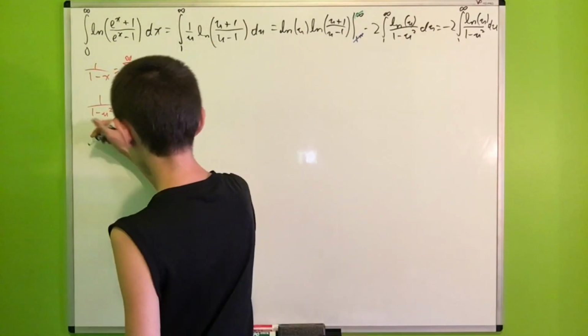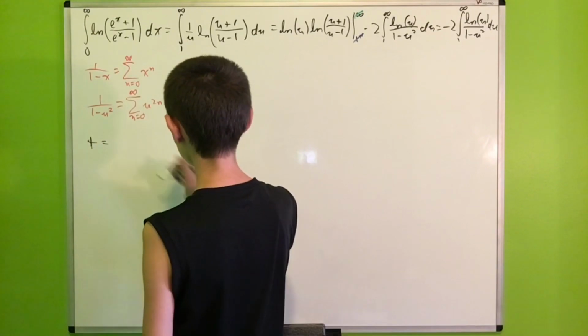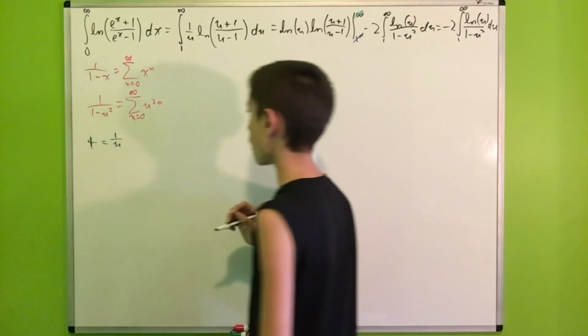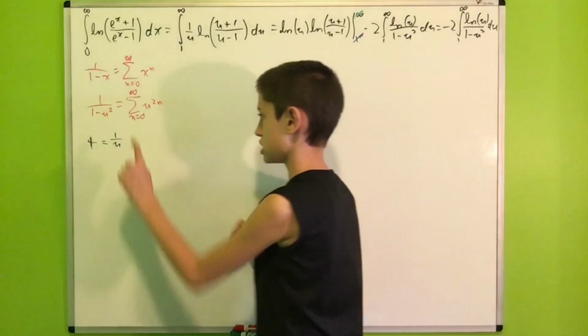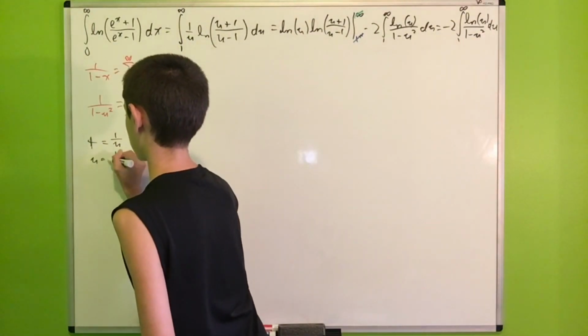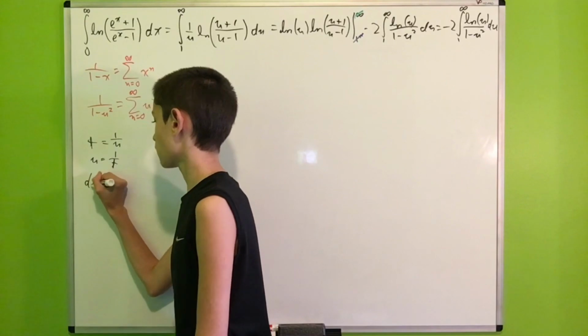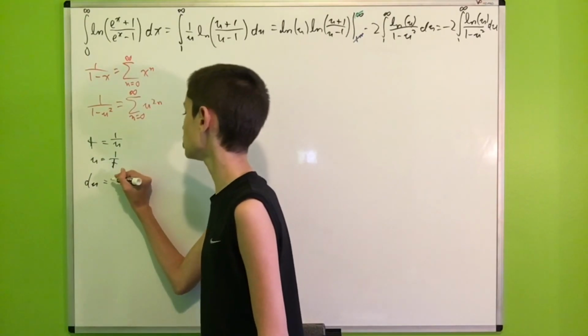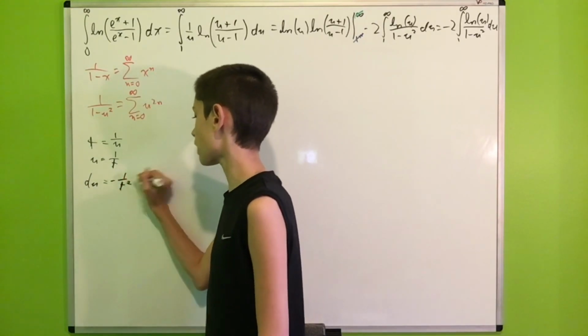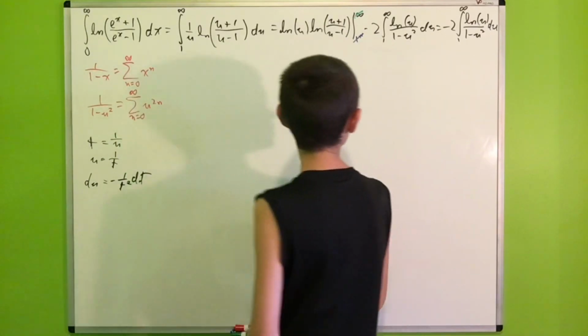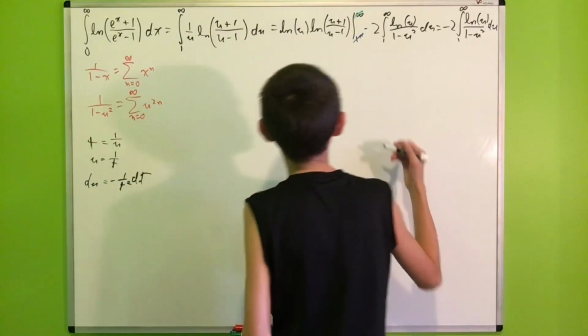Our substitution will be that we let t be 1 over u. So this means that u will be 1 over t, and taking the differential on both sides, we get du equals -1 over t squared dt. And now we can just substitute everything in.